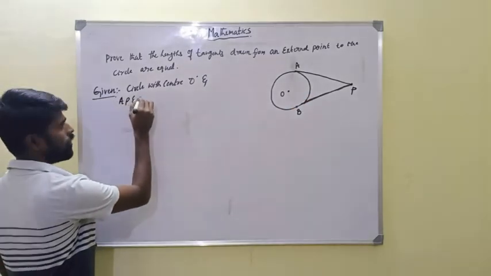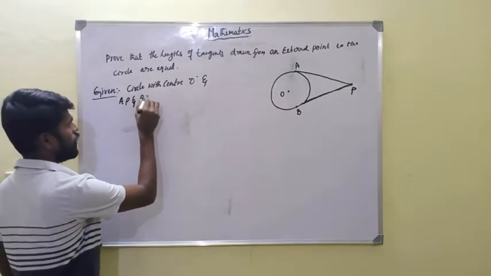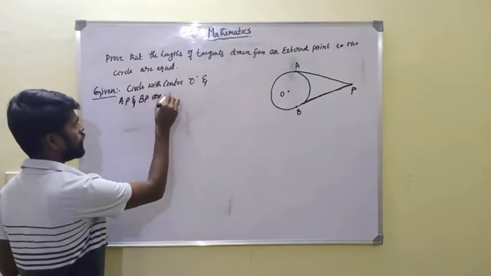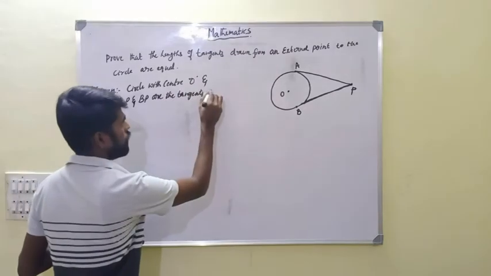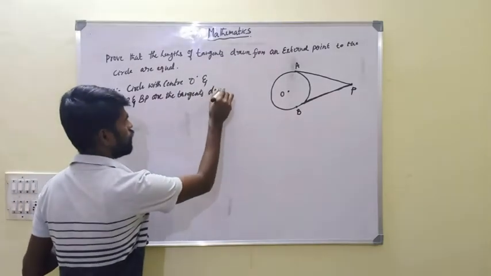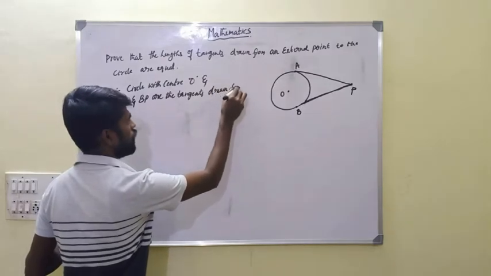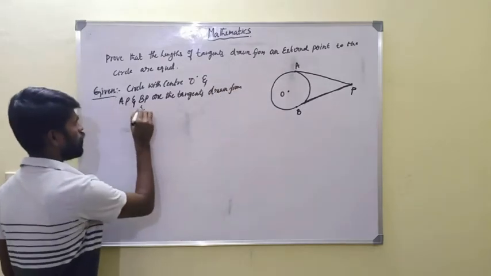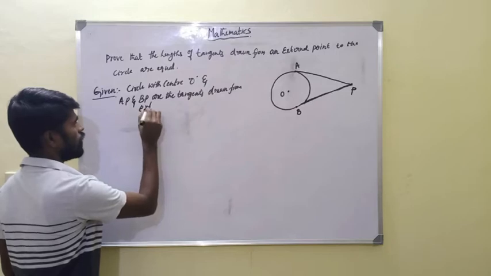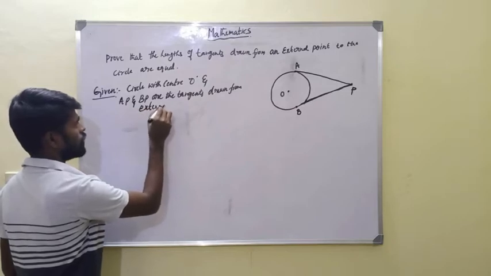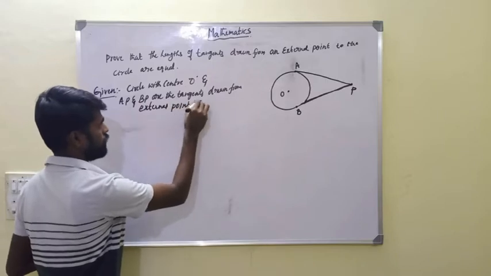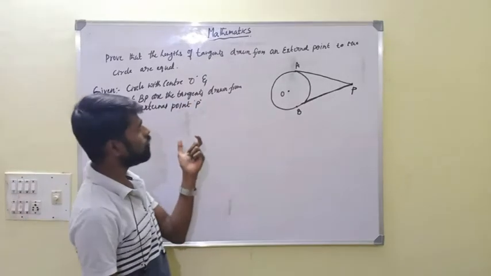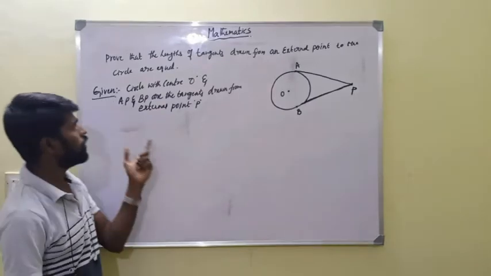AP and BP are the tangents drawn from external point P. So now what we have to prove here?